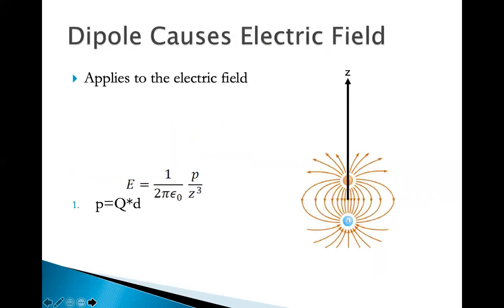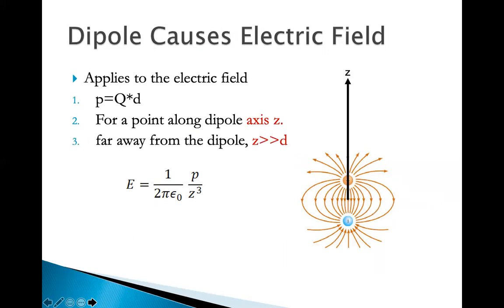In the example, we have a positive charge and negative charge, each of magnitude big Q, separated by a distance of D. In the simplest case of a point along the dipole axis, here we call Z, the dipole axis is along the line that passes through both charges. And when it's far away from the dipole, meaning when Z is a lot larger than D, for example more than 10 times larger.